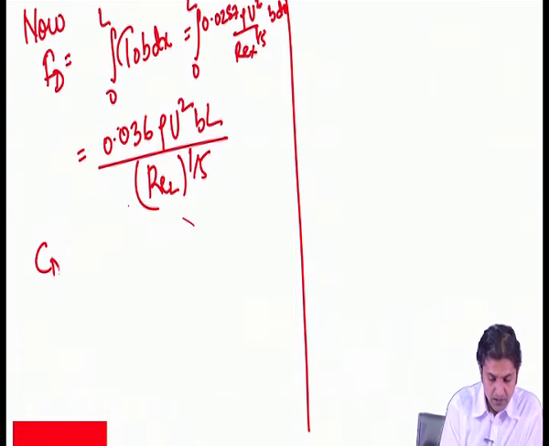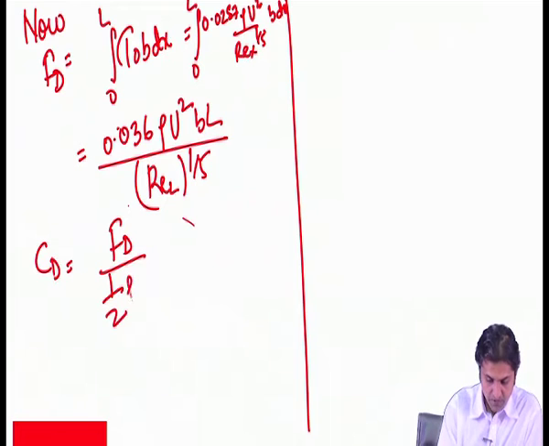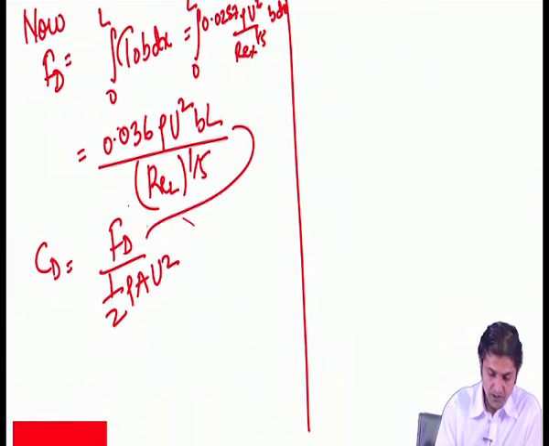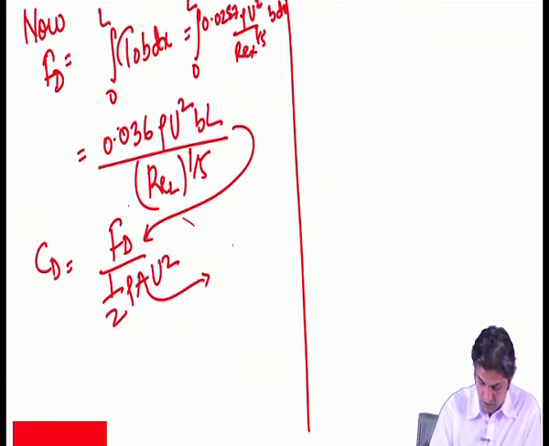And C_D in the end will be F_D divided by half rho A U squared. F_D will be this thing, A is going to be B into L, for example.